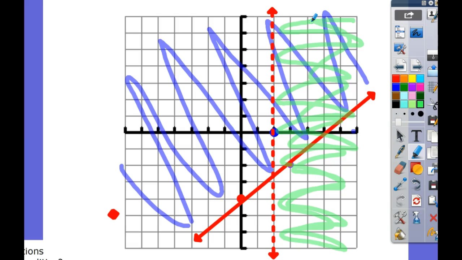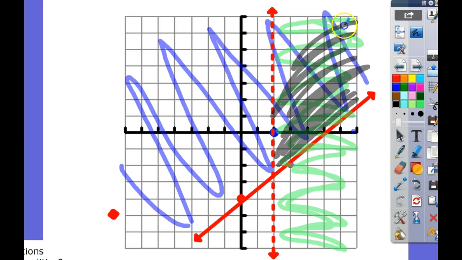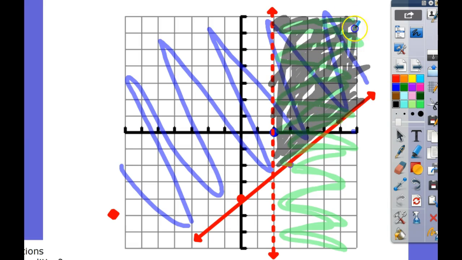And the solution is what got shaded in twice. That's the solution. So which part got shaded in twice? This part right here is the solution set.